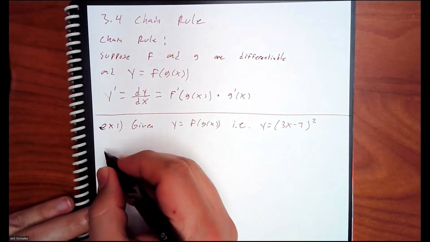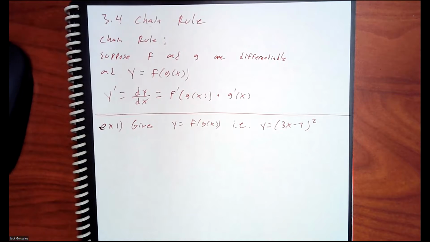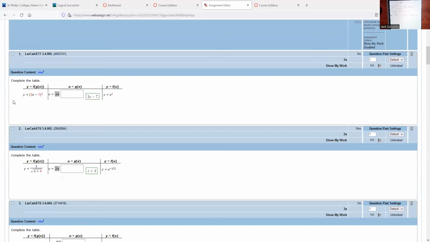So in the homework, the way it's going to start, what they're trying to get you to do here is to identify what is the inner function, what is the outer function. Do you see?